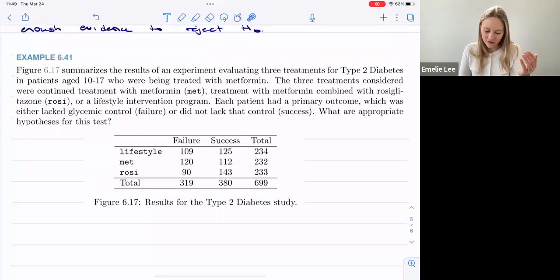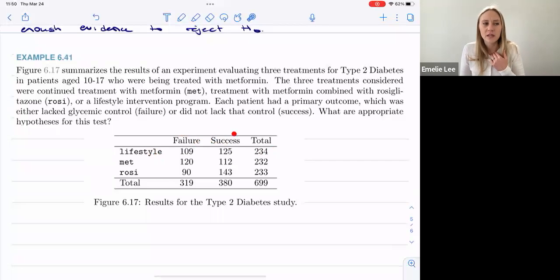So of course we have some primary outcome, which is going to be either they lacked that glycemic control, which would be a failure of this treatment, or they did not lack that control, which would be considered a success. Each patient in the lifestyle category, for example, there were a total of 234 patients in the lifestyle category, is either going to be classified as a failure or a success, depending on the outcome.